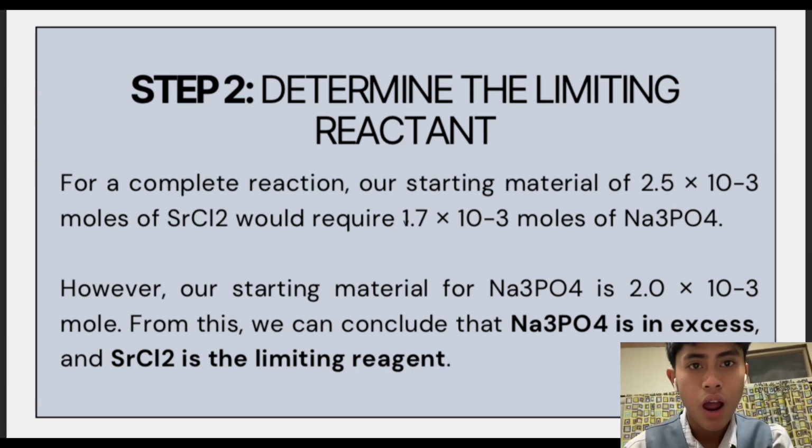However, our initial amount of Na3PO4 is 2.0 times 10 to the power of negative 3 moles. Consequently, we can infer that Na3PO4 is in excess, while SrCl2 serves as the limiting reactant.